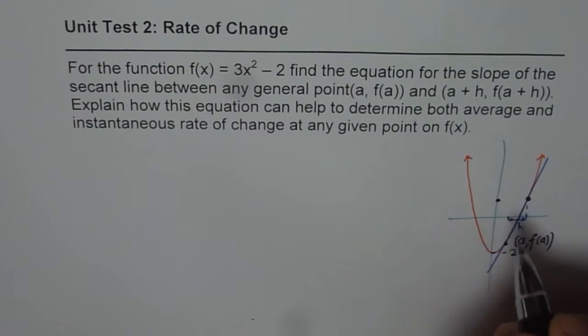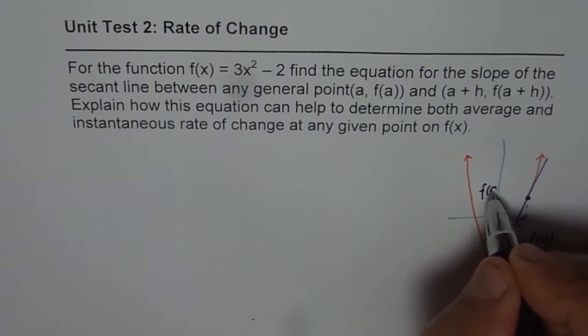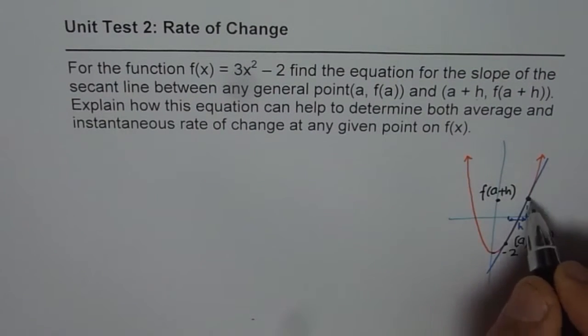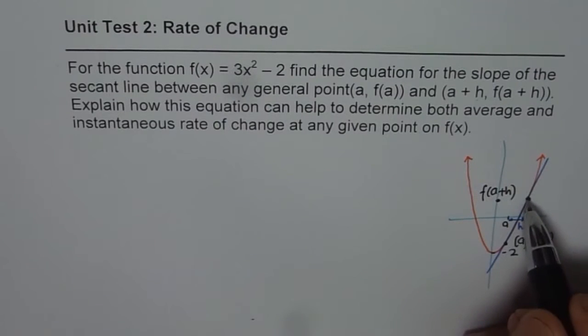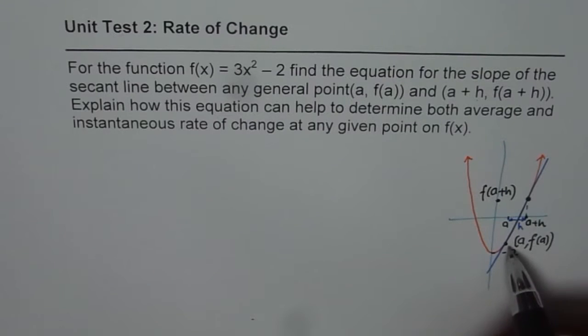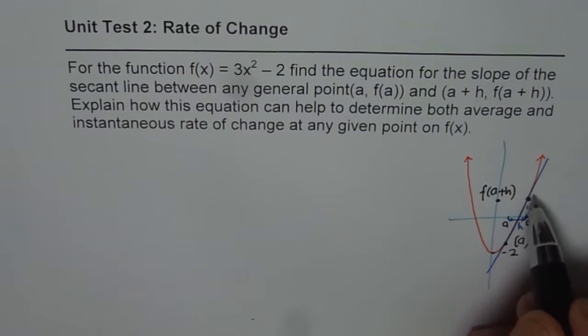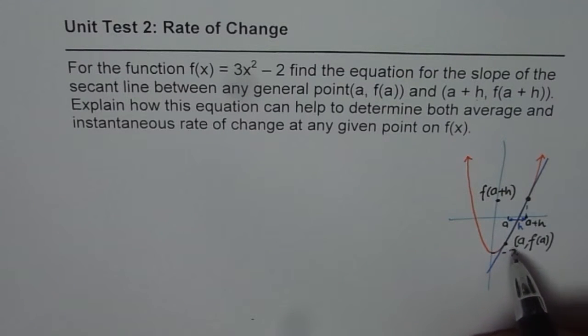So when you join these 2 points, we get a secant, and the slope of this secant gives you the average rate of change between the 2 points, right? I hope the concept is clear.